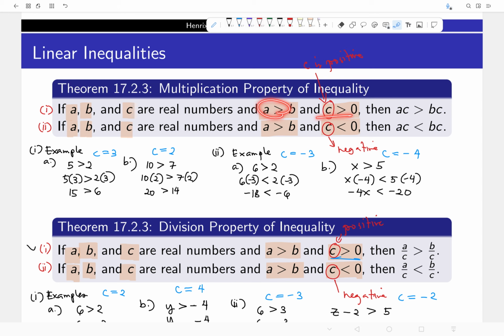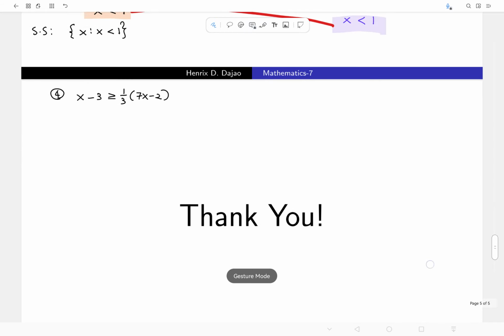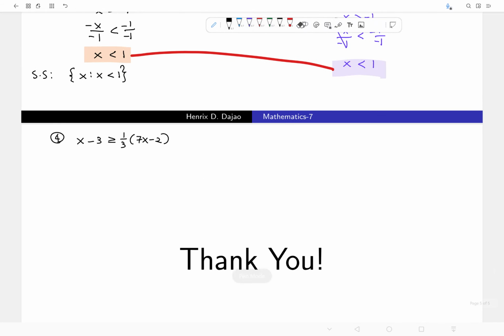You're going to multiply a positive number. So that we're going to apply here. So now we have this one. So x minus 3, still the inequality sign will not change, because we're going to multiply both sides by 3, which is the reciprocal of 1/3.